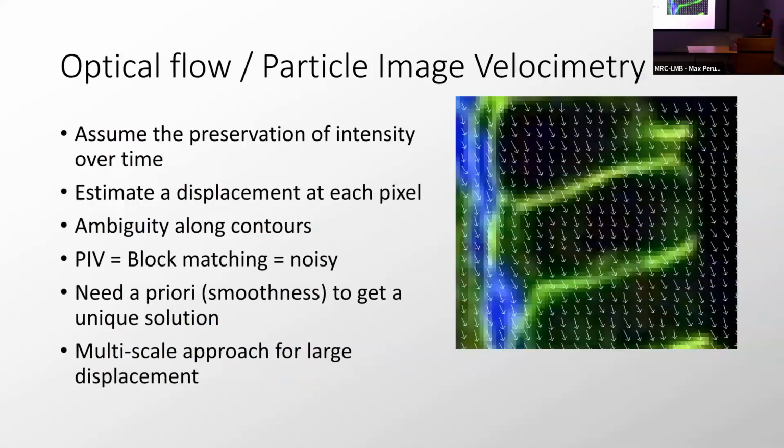When we want to estimate a flow or a deformation field at each point, we can call this optical flow or particle image velocimetry. We can assume the preservation of intensity over time, and I want to estimate the displacement at each pixel. There is often an ambiguity along a contour because you do not know if this point went here or there, because it's the same along this line.